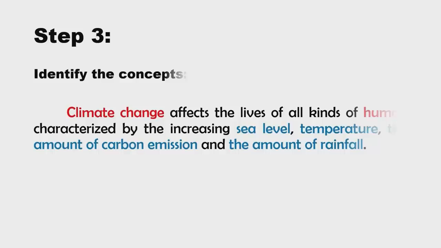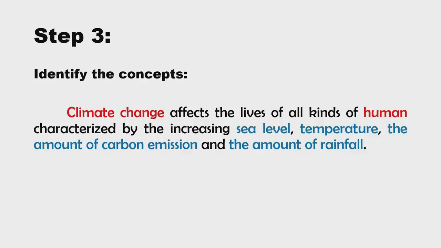So, the third step is for us to identify the concepts. So, based on the thesis statement, you can already identify the different concepts or variables that are involved in your study. So, I have here the climate change, and then the humans. It could be the experiences of human. Anyway, this is just an example. The experiences of humans, let's just say the livelihood of humans affected by the climate change.